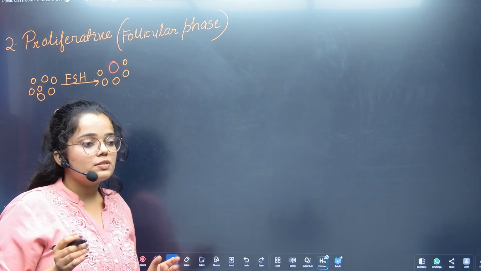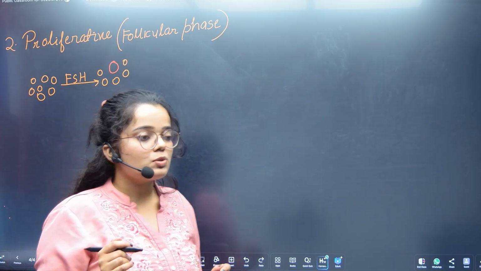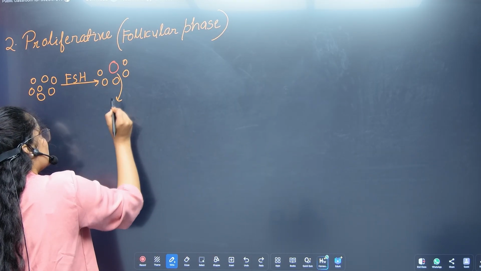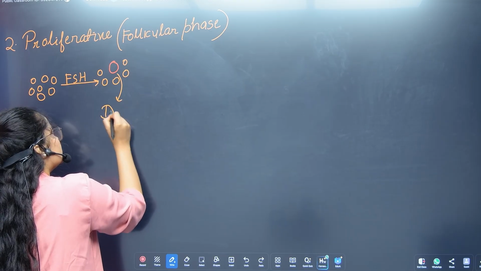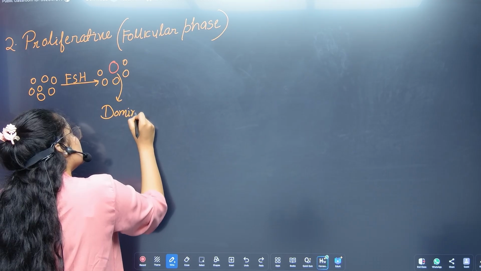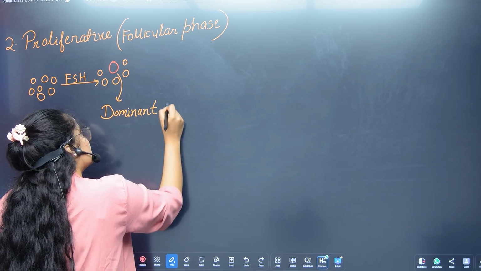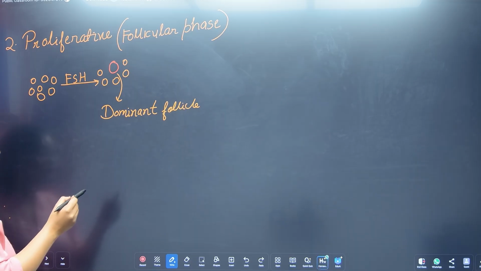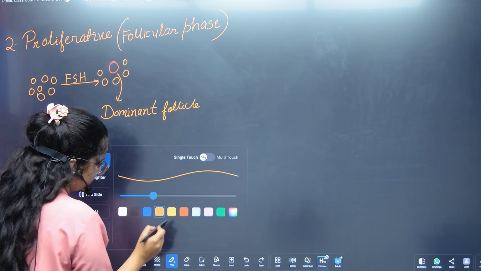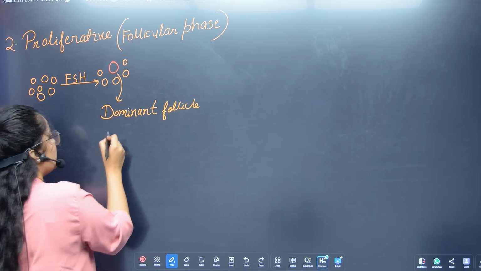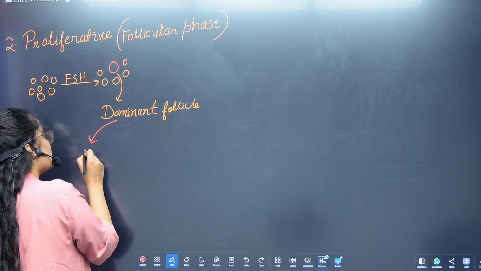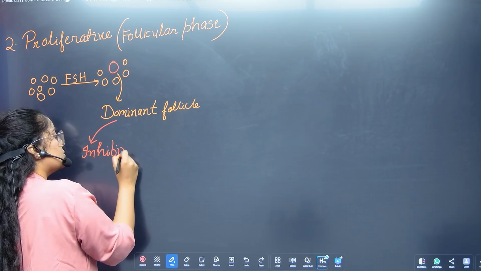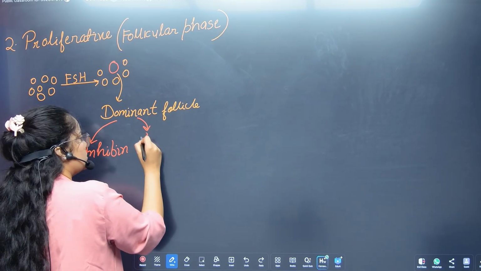Among these follicles, there is one follicle which is dominant in nature because of its high growth rate and size. So, this is the dominant follicle. Since this follicle is dominant, it starts producing two hormones, inhibin and estrogen.